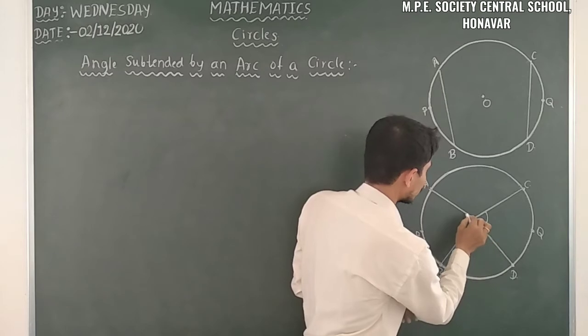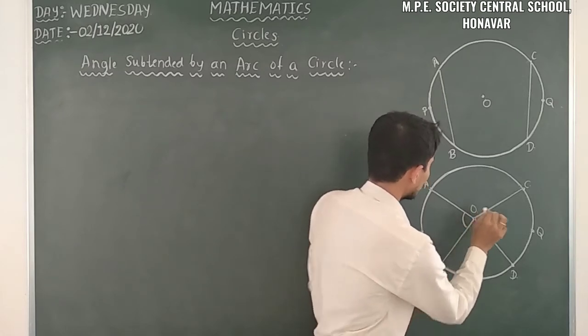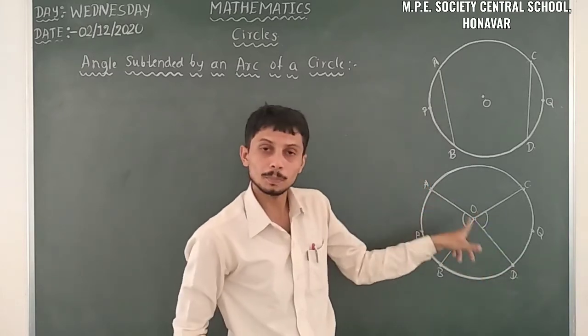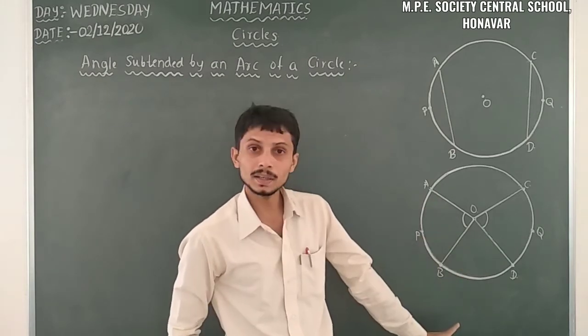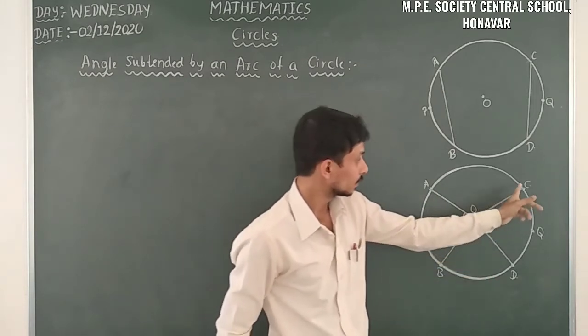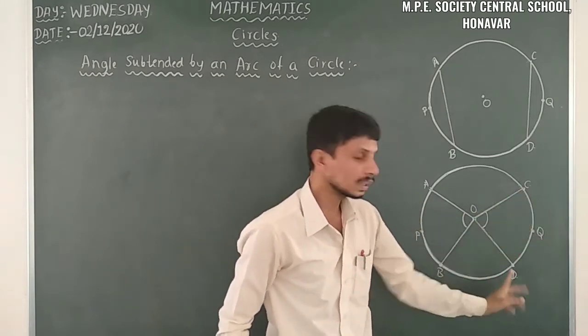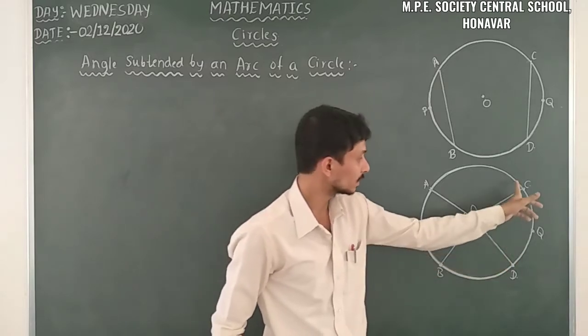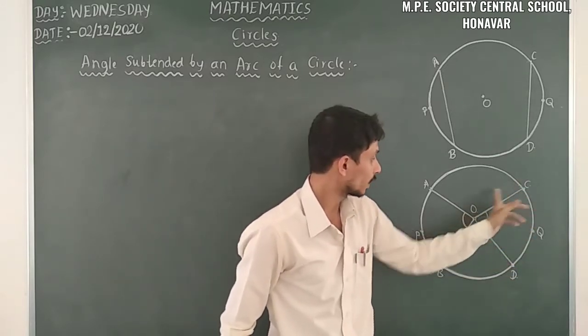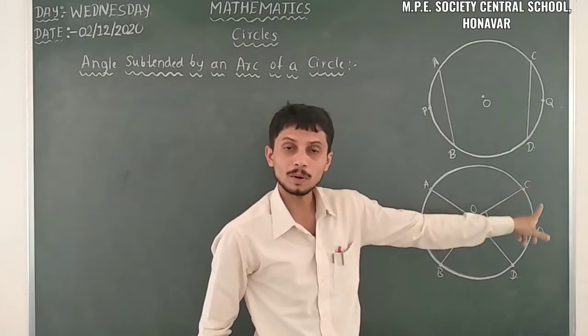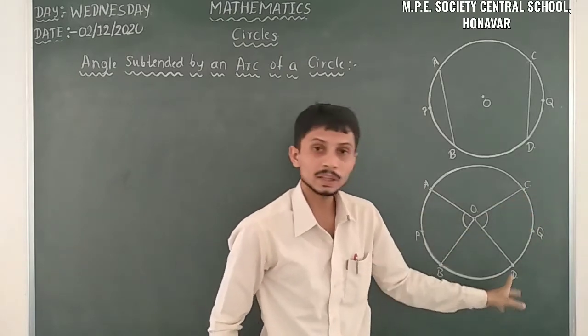Here it forms an angle, here it forms an angle. AOB is an angle made by this APB arc, and this COD is another angle. We obtained this angle by joining CO and OD, and it forms from the CQD arc.